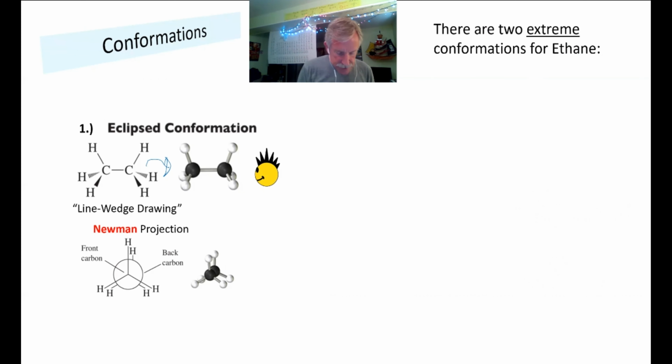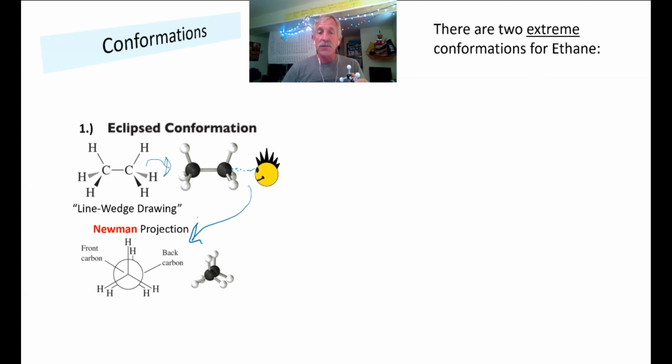Then I'd like to do Newman projections: take the spiky smiley face and pretend you're looking down the two carbons from this end. So holding it here, I'm looking down the carbon-carbon bond and therefore able to create the Newman projection for this eclipsed conformation.